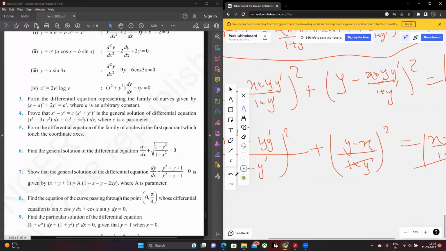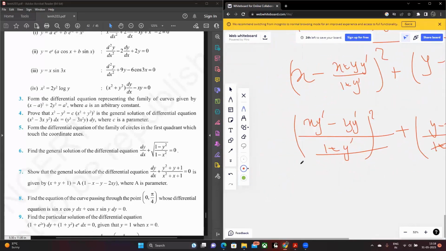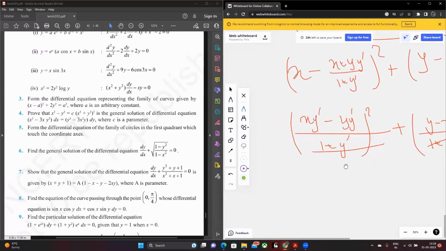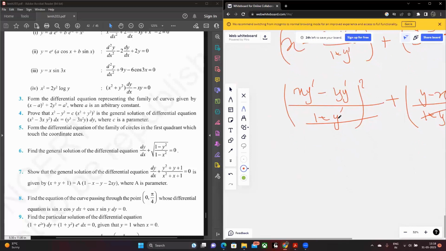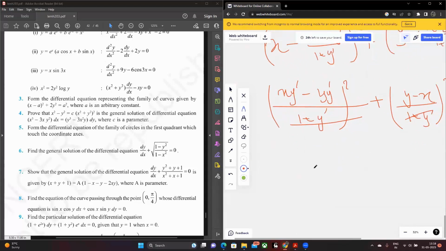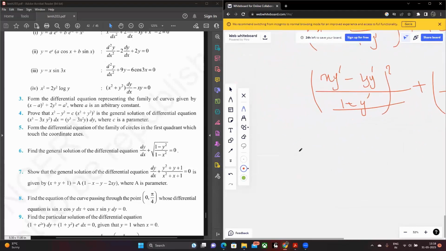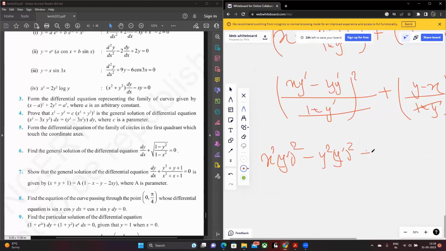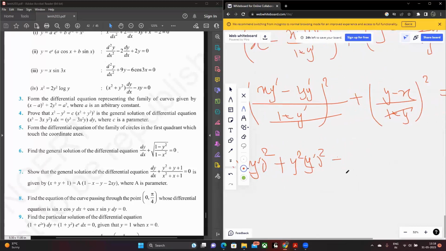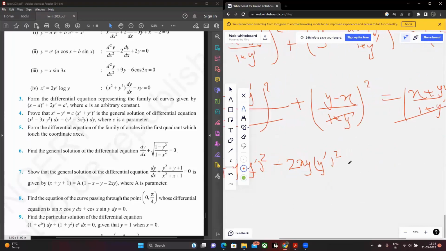Since the denominators are all the same, you can basically cancel it out because they are not 0, because y dash is a function and not exactly a constant, right? So you're finally left with x squared y dash squared minus y squared y dash squared, this plus, right? Minus 2xy y dash squared, right?